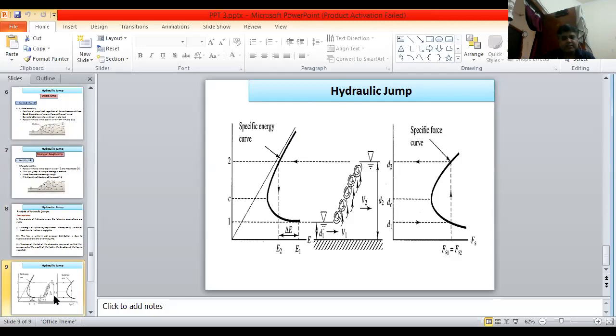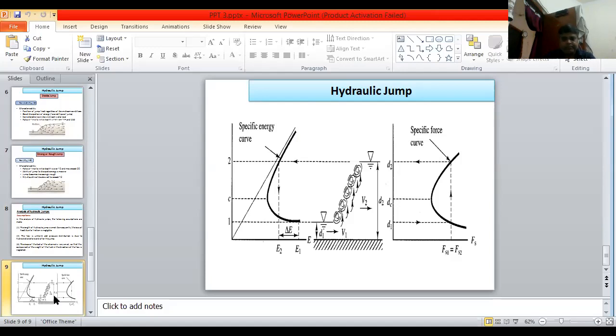That means point C is the reference point, and below C the supercritical flow region is considered, and above C the subcritical flow region is considered. Similarly, E1 and E2 are classified and the change in energy is delta E.